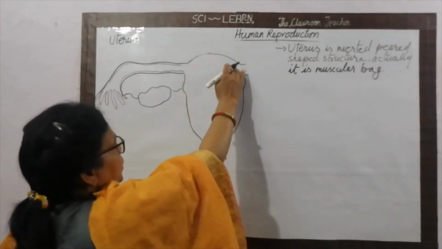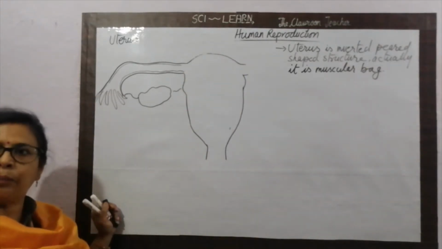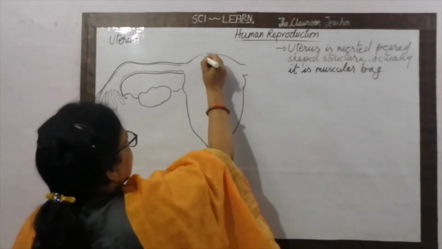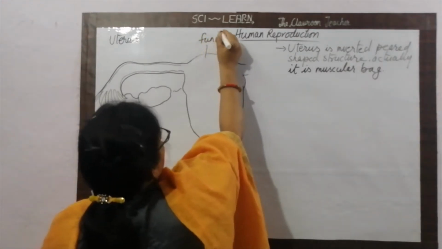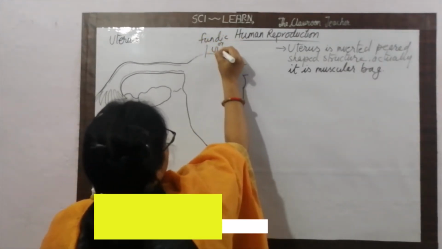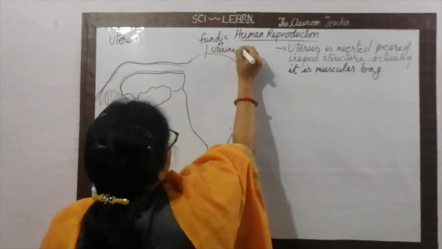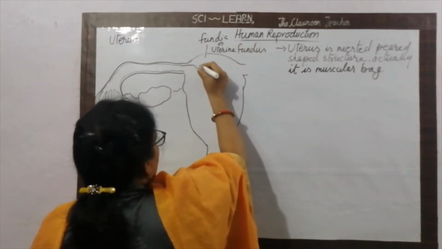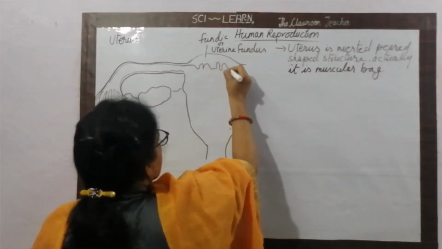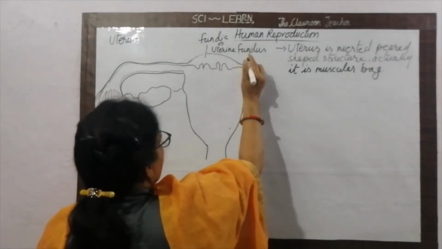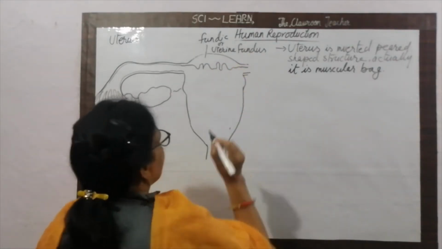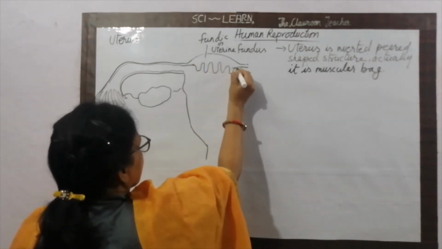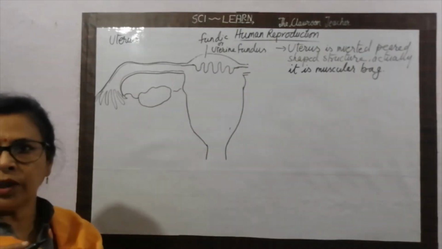The upward developed part of the uterus is called the fundus, or uterine fundus. Inside this, some folded structures are present.